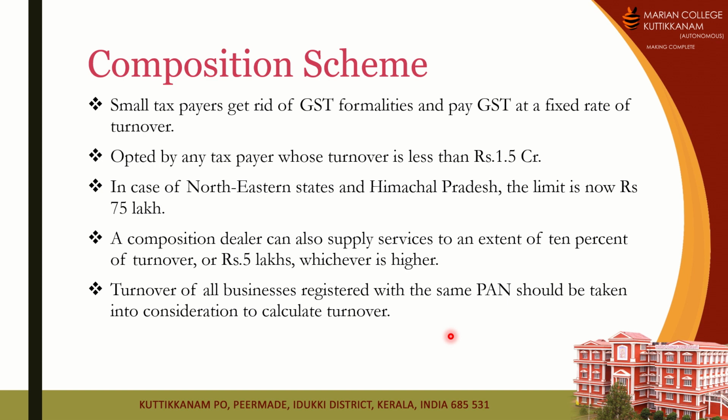PAN is permanent account number. So under the same PAN, there may be more than one business registered. If that is the case, all these businesses' turnover will be taken while calculating turnover for the composition scheme.